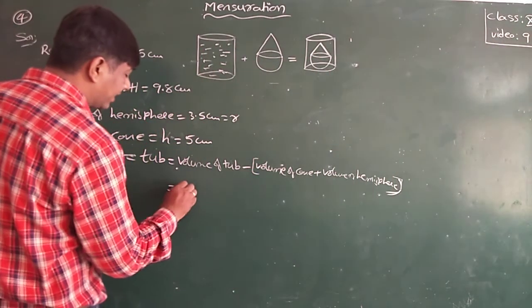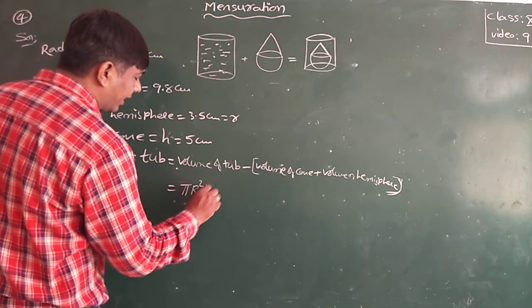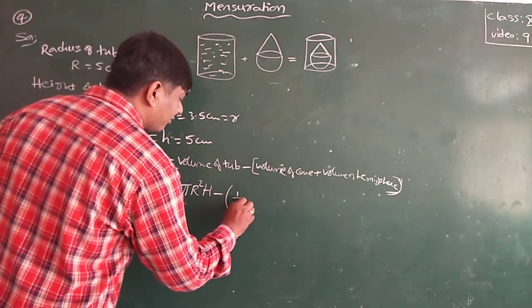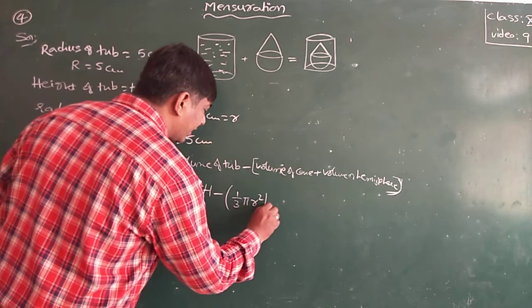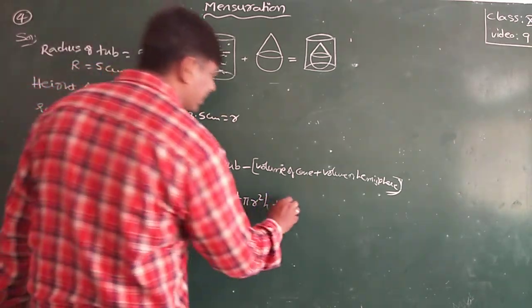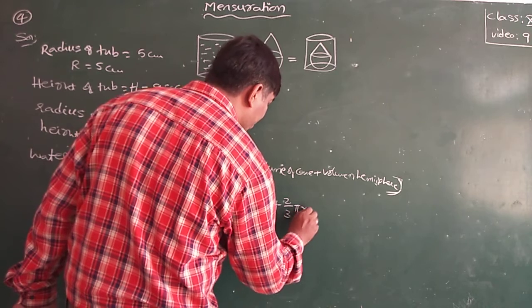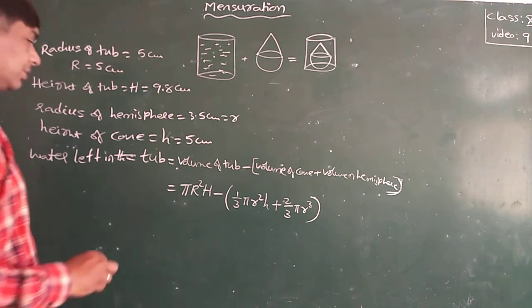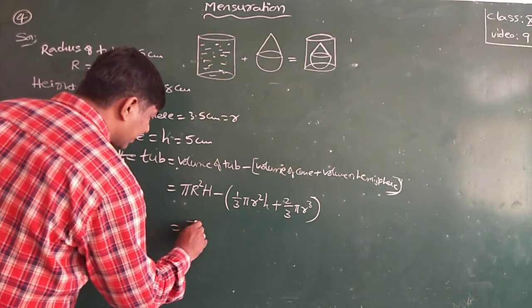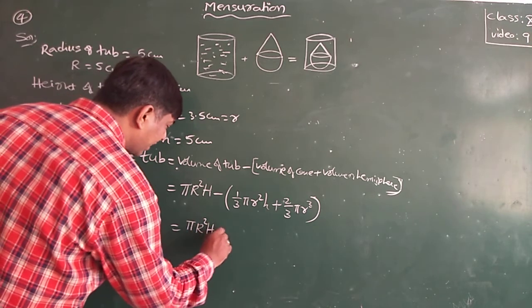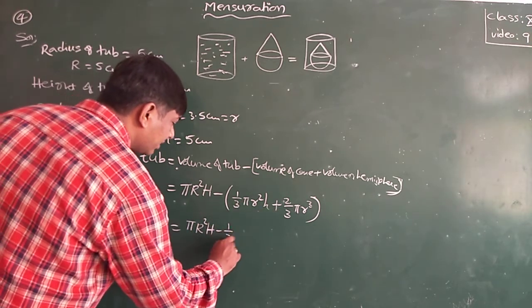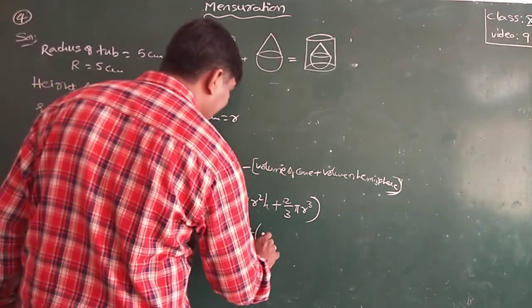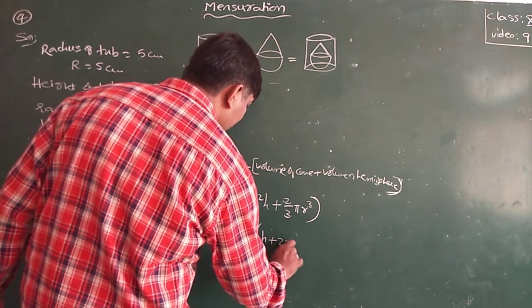What is the volume of the tub here? Pi R square H, minus the volume of the cone, 1/3 pi r square h, plus the hemisphere volume, 2/3 pi r cube. Now I write this as pi R square H minus 1/3 pi r square, taking common so that I can simplify easily: h plus 2r.